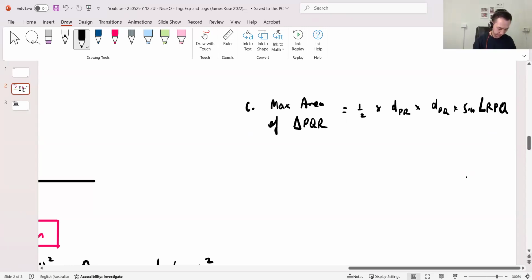I'll save RPQ in memory. Saved in memory. Okay, great.